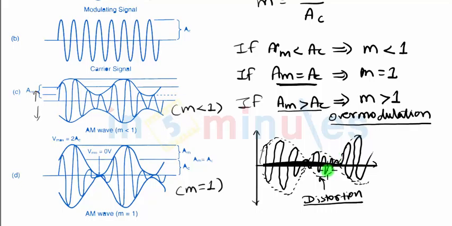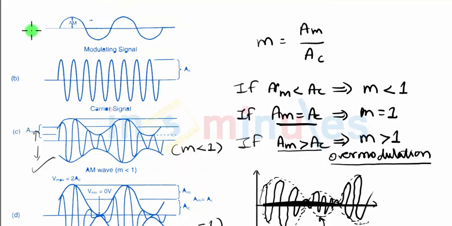Let us remember that when the signal is received on the receiver side, the signal has to go through a process called demodulation, which is inverse of modulation. Now it is very obvious that in the process of demodulation, the input will be the modulated signal, and out of that modulated signal we will extract the modulating signal back.